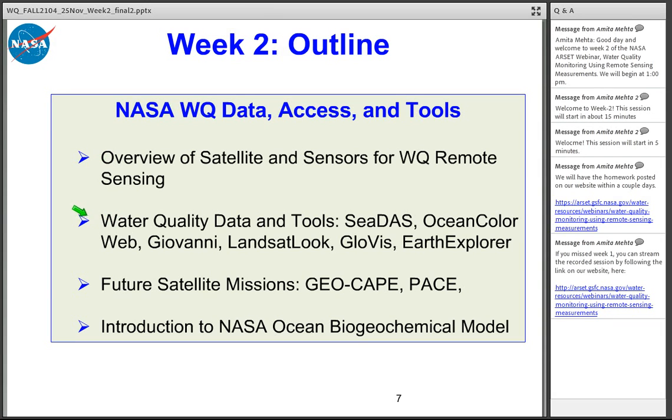Then we will go to water quality data and tools. Several tools are mentioned here. These are web-based tools that enable one to access these data. We'll briefly mention which future satellite missions are planned. And then there's also an ocean biogeochemical model that NASA has that provides some of the water quality parameters.